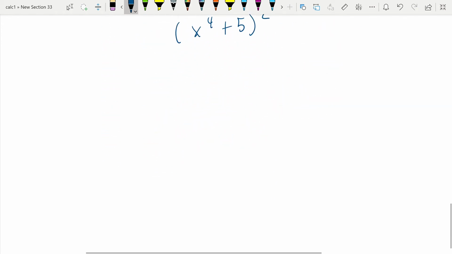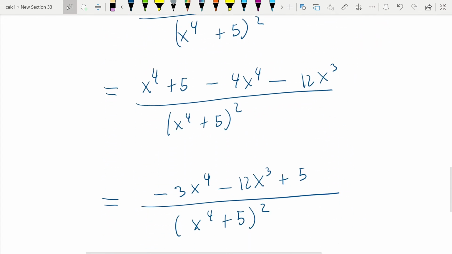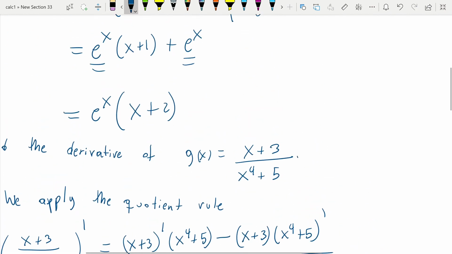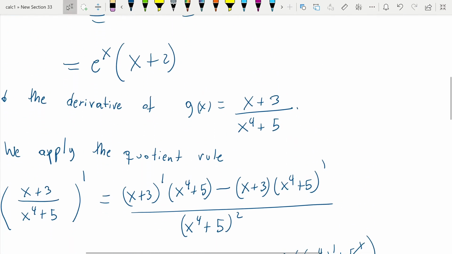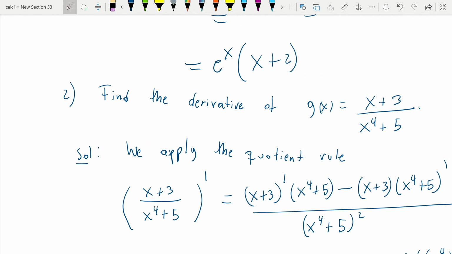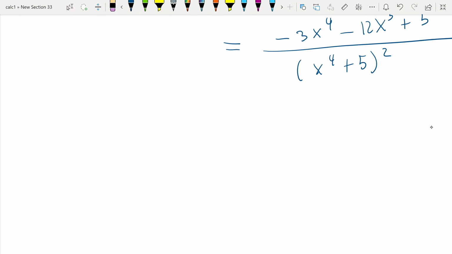Okay, so that's an application of the quotient rule. Let's go over another application of the quotient rule, but now with some other functions. Again, the same question.